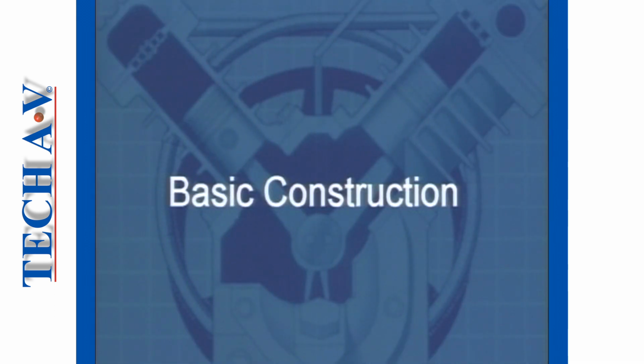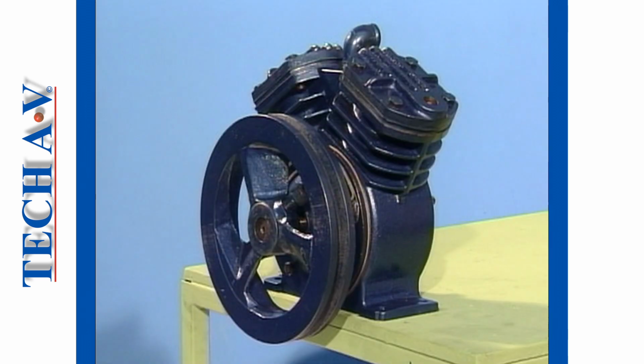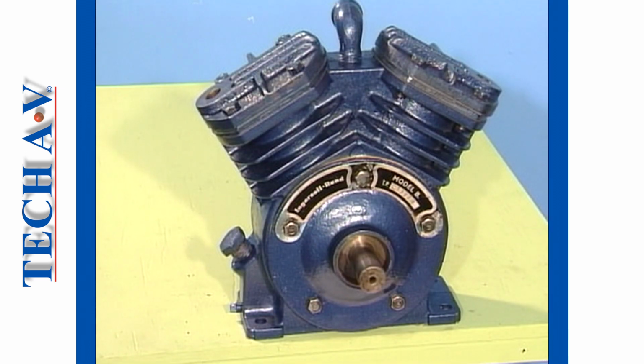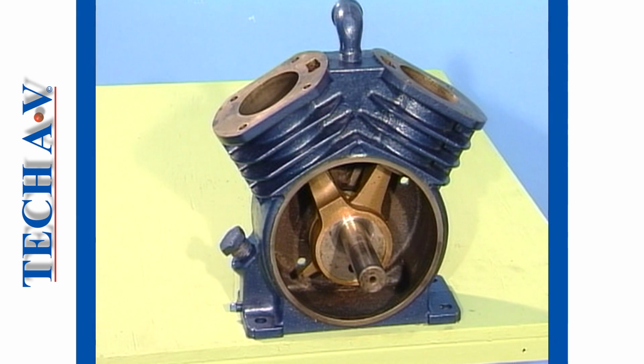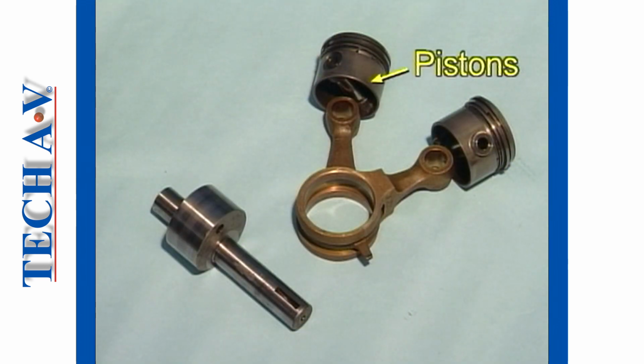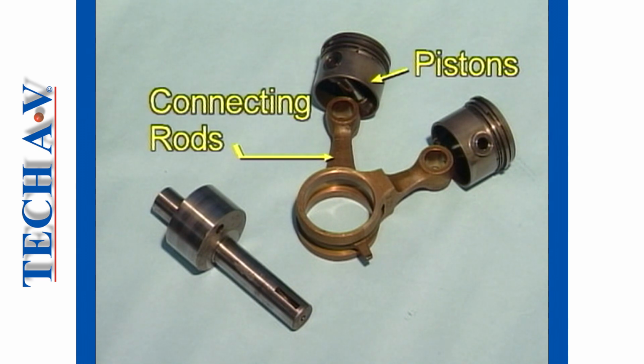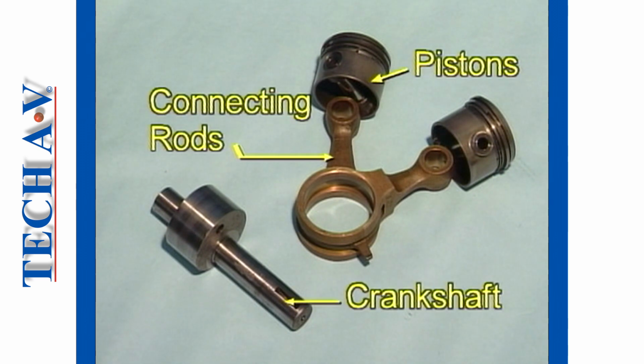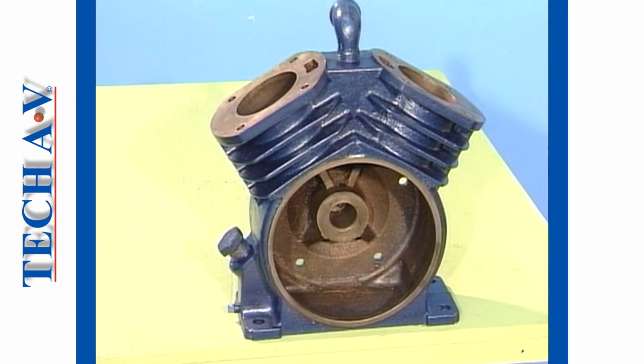Let us learn to identify the parts of a common compressor before we move on to describe the operating principles. The major moving parts of all reciprocating compressors are practically the same, and they include pistons, connecting rods, and a crankshaft. All the moving parts are contained within a cylinder block or crankcase.